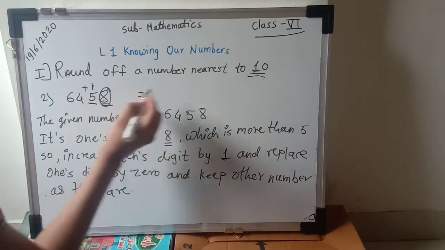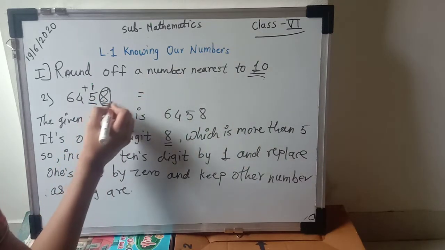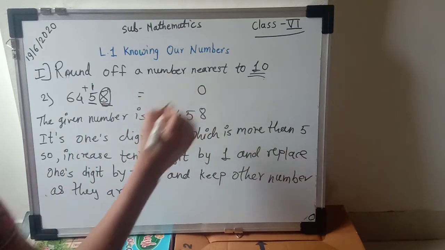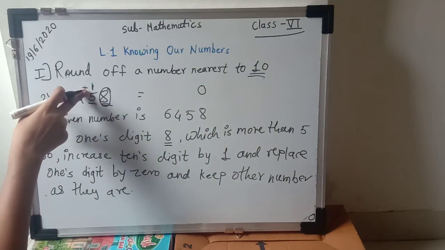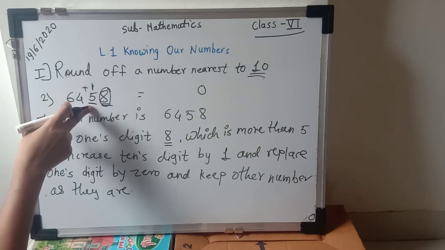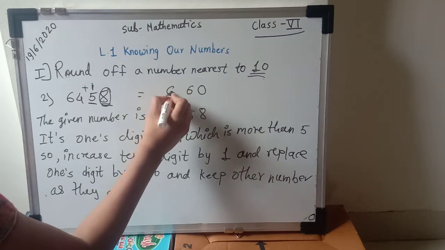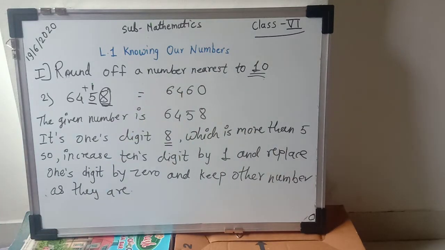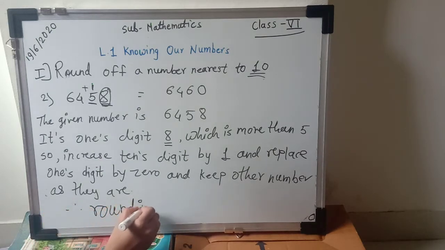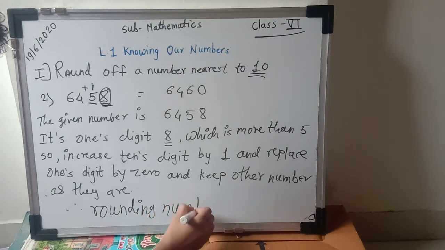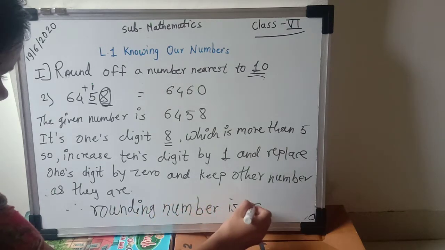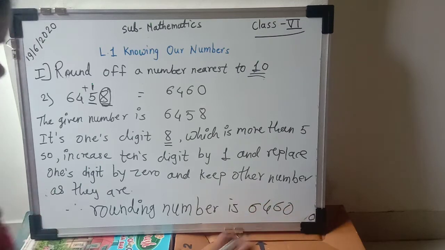So now let's see what will be the rounded number. If we replace the ones digit by 0 and increase the tens digit by 1, 5 plus 1 is 6, and we write the other numbers as they are: 6460. So the rounded number is 6460. Students, here we have seen two examples.